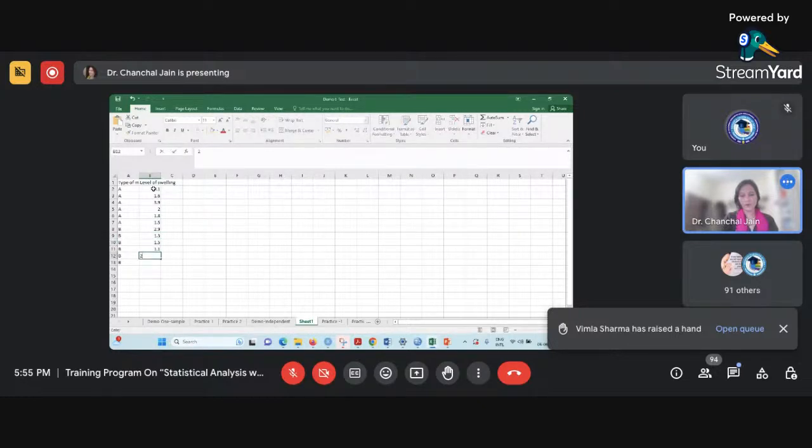So suppose I am writing here 2.1, 1.6, 3.9, 2.0, 1.7, 1.8, and then 1.5, 2.9, 1.3, 1.4, 1.1, 2.8. Likewise I have written these figures. If this is the case, it is quite clear you can go for the independent sample t-test.